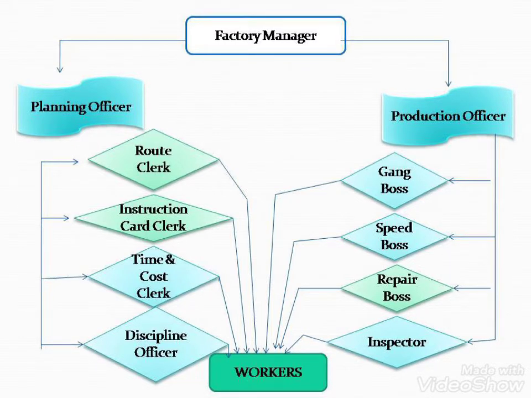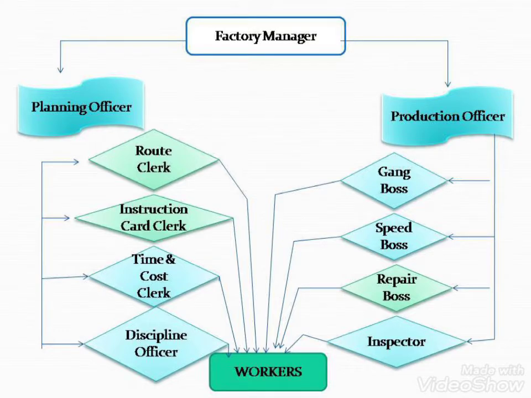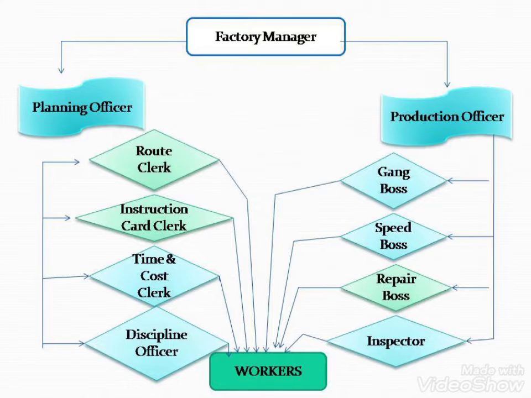Now, if you go through the diagram, the functional foremanship is divided into two departments, planning department and production department. Both departments are headed by a planning officer and a production officer. Under the planning officer, there are 4 foremen, and under the production officer, there are also 4 foremen.